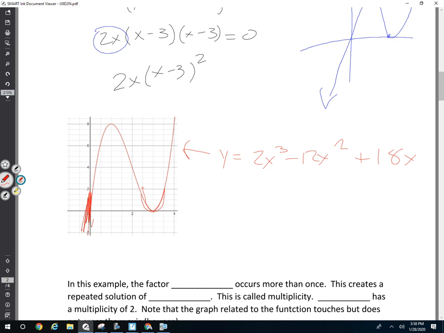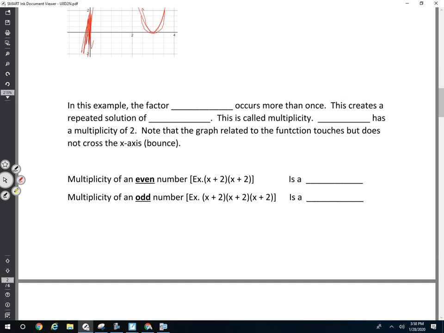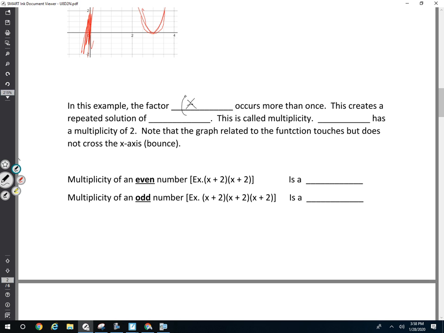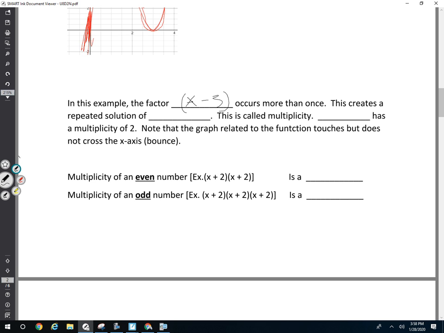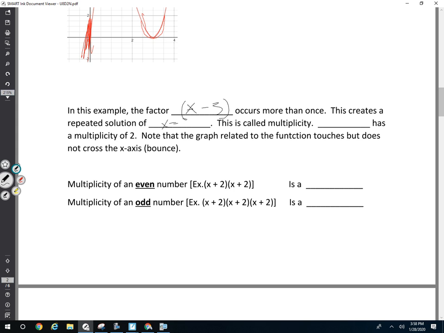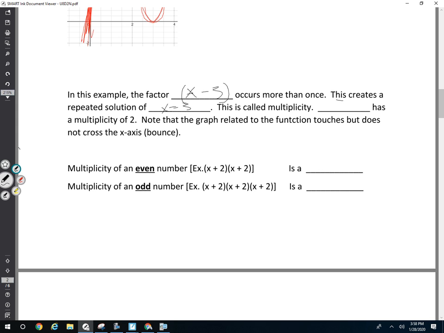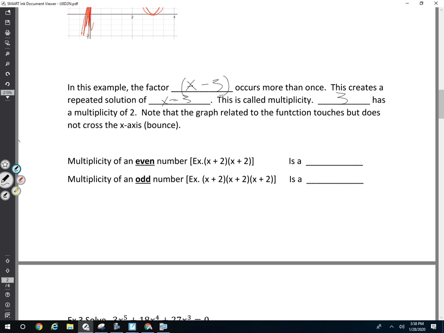Okay? In this example, the factor x minus 3 occurs more than once. This creates a repeated solution of x equals 3. This is called a multiplicity. 3 has a multiplicity of 2. The graph touches but does not cross the x-axis.